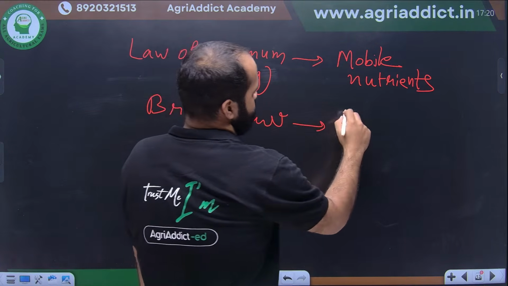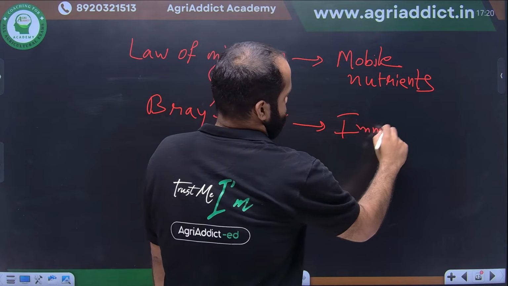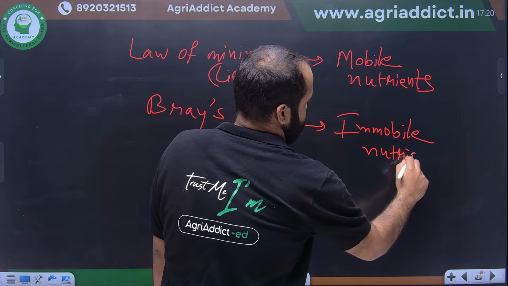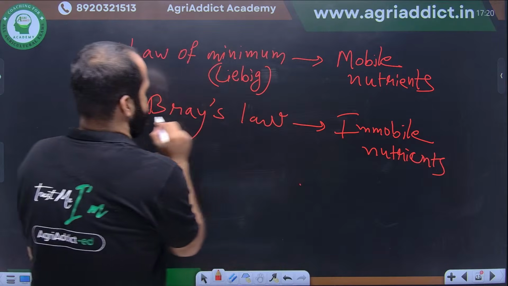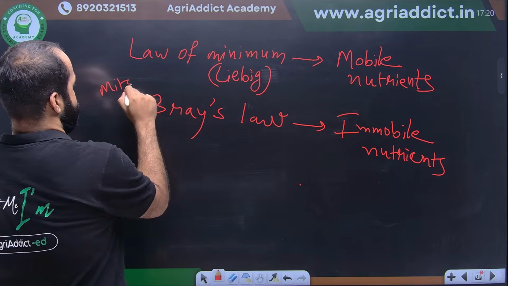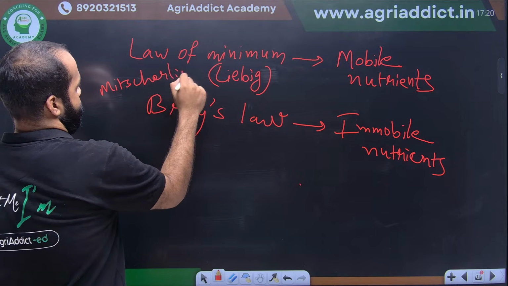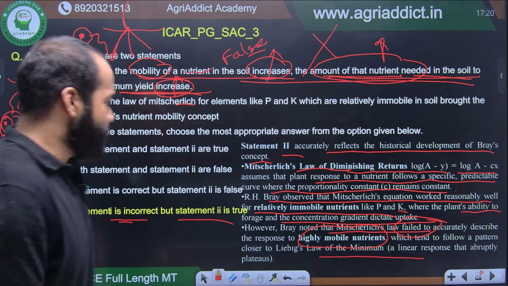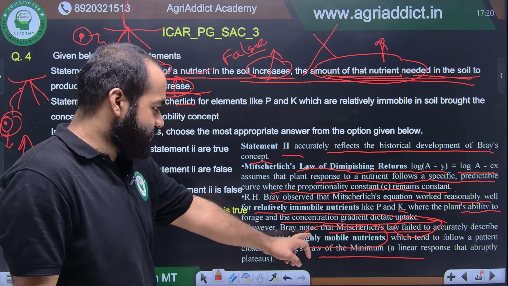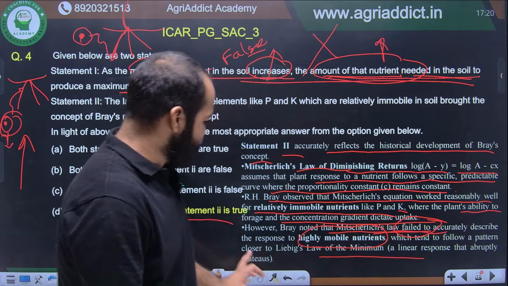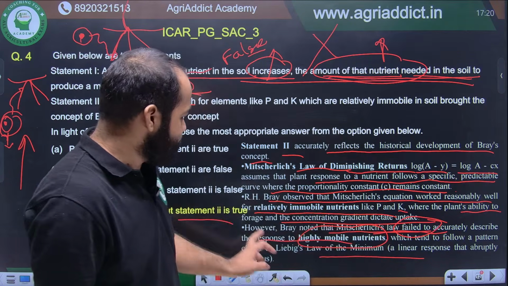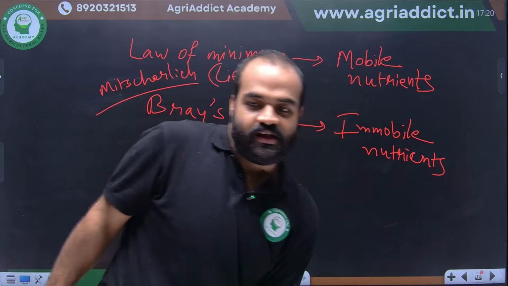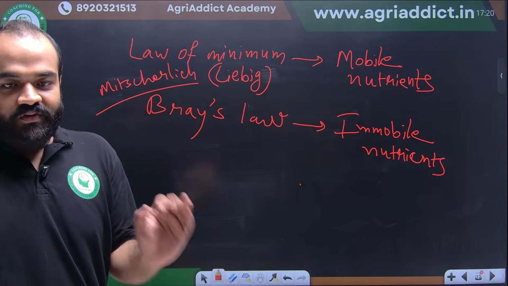Whereas Bray's law, all right, यहाँ पे तुम देख सकते हो, however Bray noted that Mr. Leake's law failed to accurately describe the response to highly mobile nutrients, whereas it is very accurate for relatively immobile nutrients. All right, so we are on the question now.